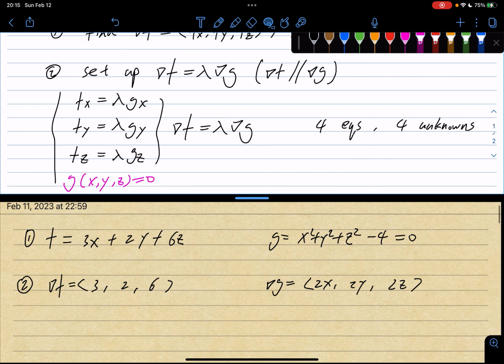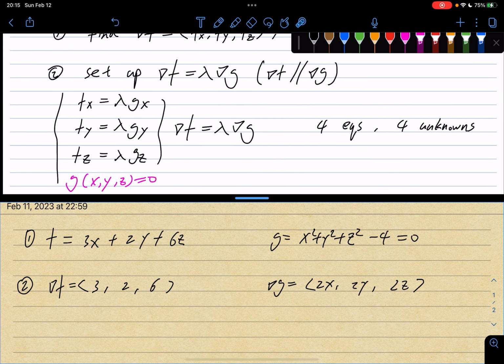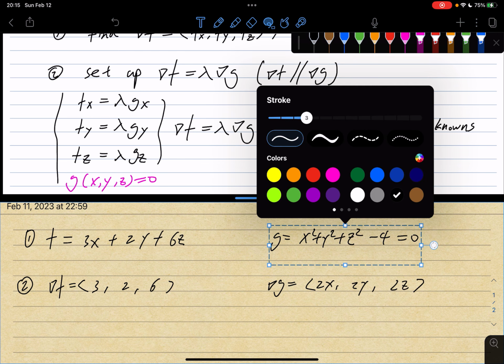That's why I want you to identify the equation of the constraint early on, so that you can always come back to it.